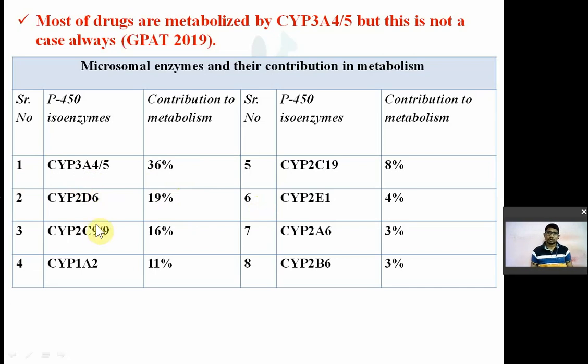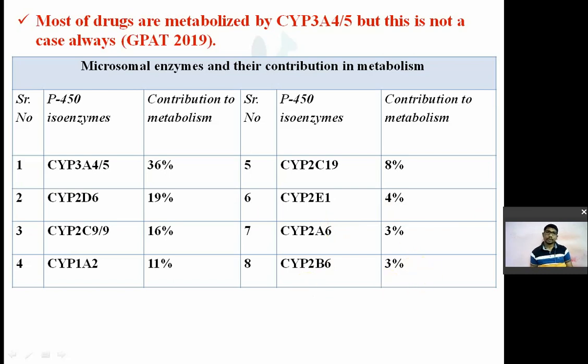After that, CYP2D6 metabolizes 19%, CYP2C9 metabolizes 16%, and CYP1A2 contributes 11%. CYP2C19 has 8% contribution, CYP2E1 has 4%, CYP2A6 has 3% and CYP2B6 has 3% contribution in metabolism.